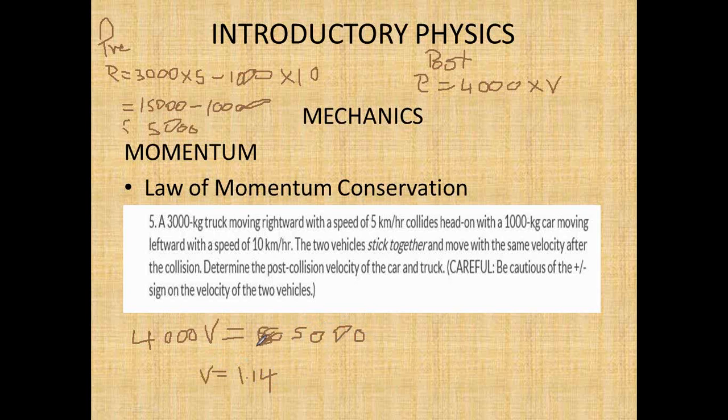You can look at that as a gain in momentum because it changed direction from moving leftward to rightward. So the truck loses momentum and the car gains momentum by changing its direction, moving to the opposite.